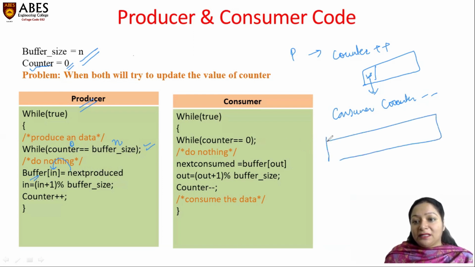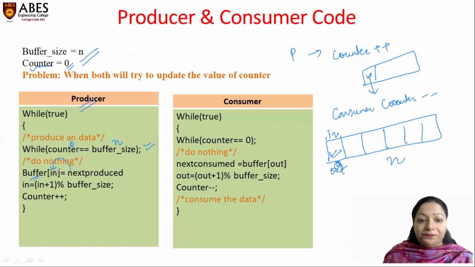So this is our buffer of n slots, and this is in and this is out. Both in and out are pointing to the same slot initially. Say, for example, this index is 0.